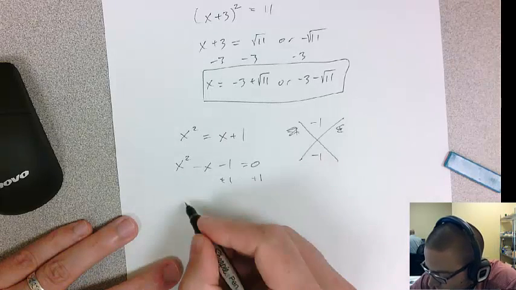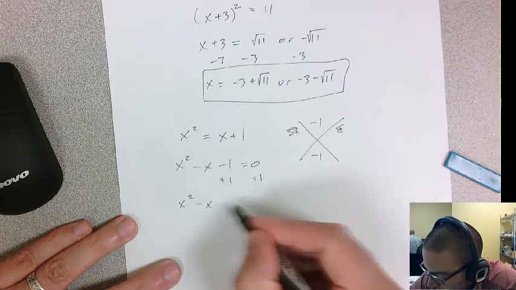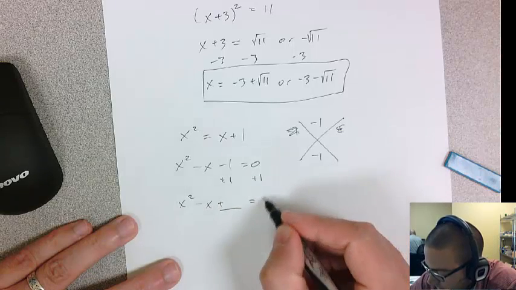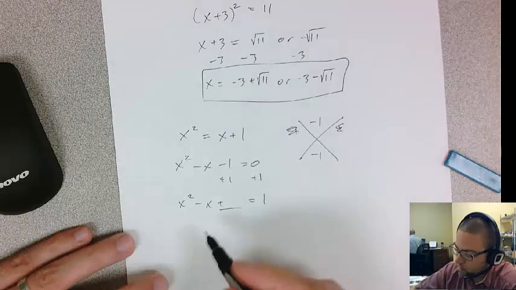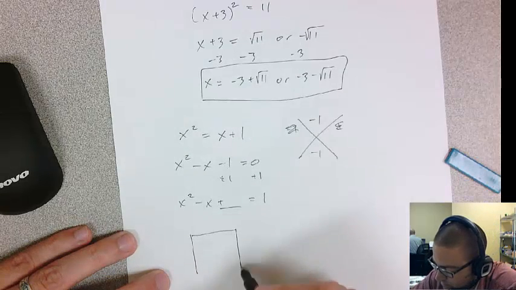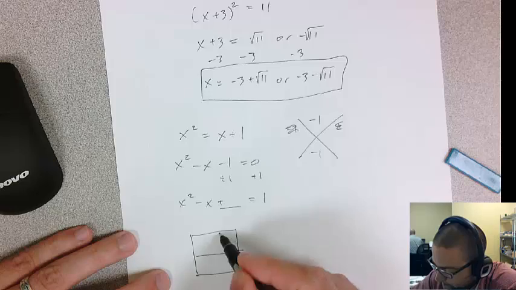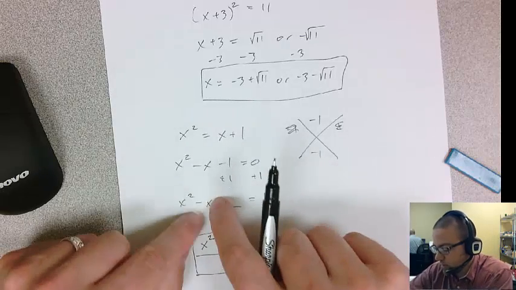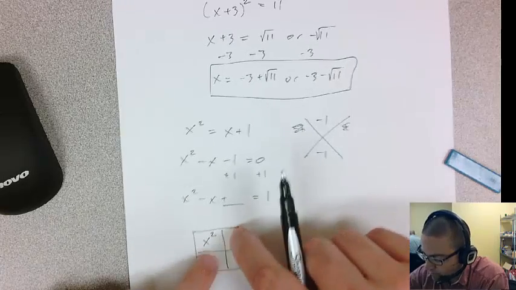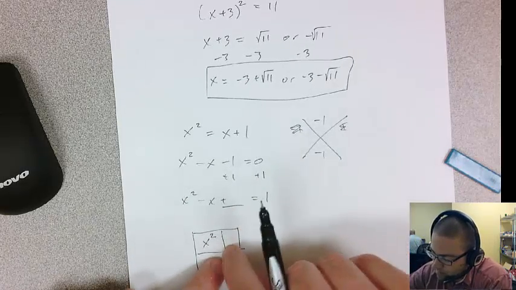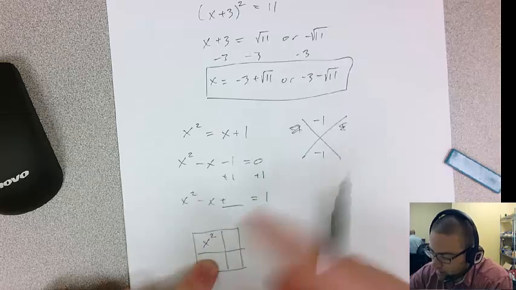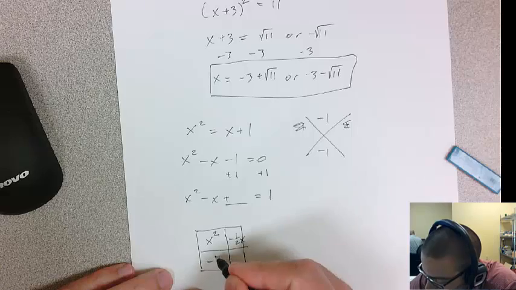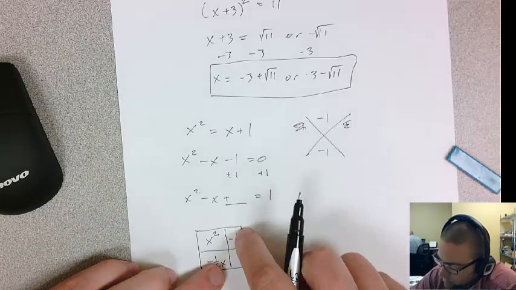So I add 1 to both sides to leave the blank there. So what am I going to add to make that a square? Well, I'm just going to draw my general rectangle here. So I have x squared here, and remember I split the coefficient of this in half and put those two things there. So what is half of negative x? It's just -1/2 x. -1/2 x goes here and here.